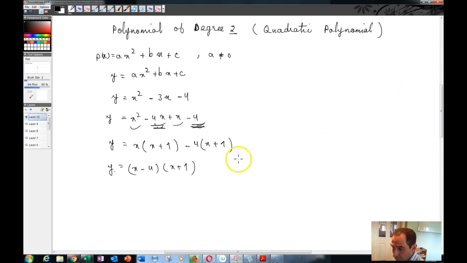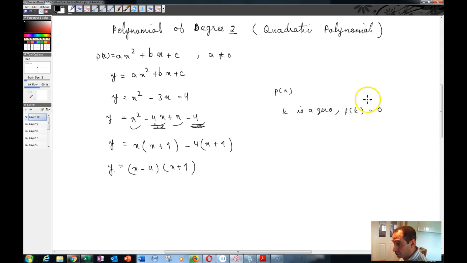If you have some polynomial p of x, we said that if k is a zero of this polynomial, then p of k is equal to 0. That's basically something like a definition.